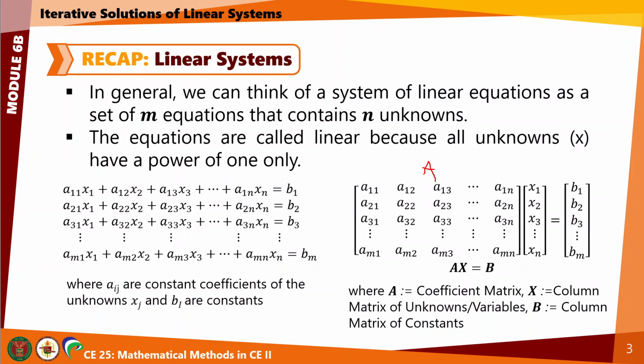Then X is your unknown matrix composed of your x sub 1 until x sub n, and your matrix of constants B. Again, A is your coefficient matrix. This is an m by n matrix, and then your X matrix is your unknown matrix with n elements, and your matrix for constants B has m elements, or m rows, right?